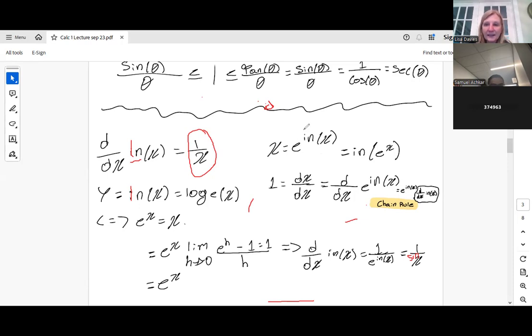Okay, so the other one here, oh no, this is the same one. Where he's just, no, what's he doing here? X is e to the ln x equals ln of e to the x. Where does it go from there?